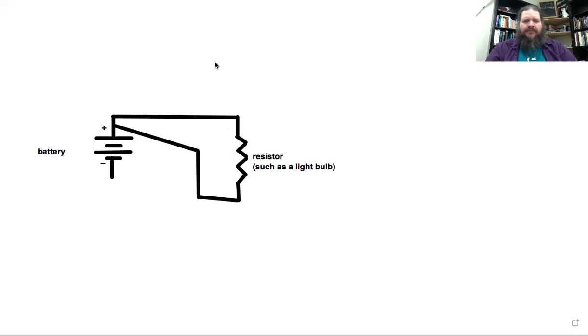In that case, if you take a look at this loop, this loop passes through the light bulb, but it does not pass through the battery. So the battery isn't really part of the loop.